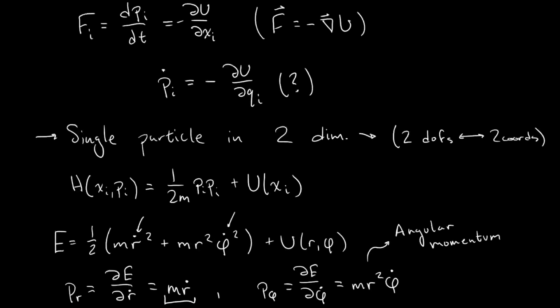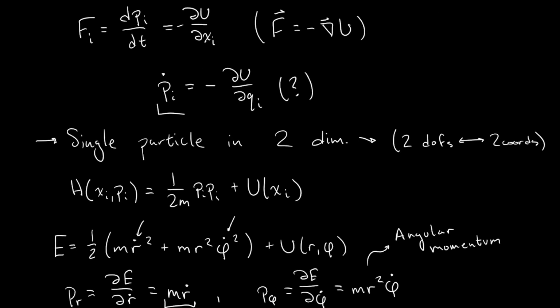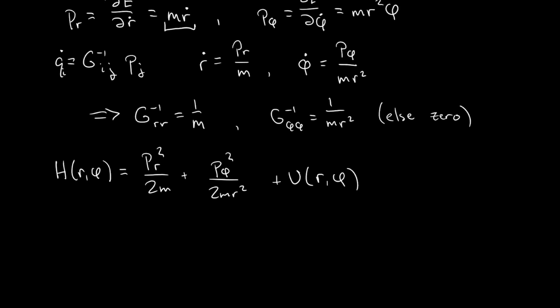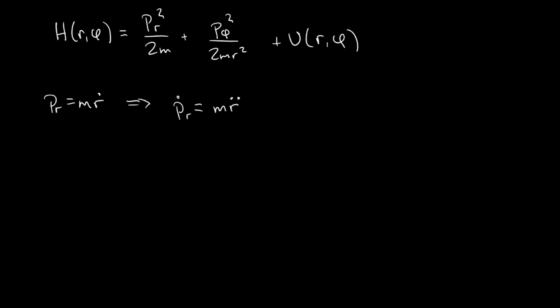If I were to just look at this naively, well, I just found that p sub r is equal to m r dot, correct? So the time derivative of p r is just going to be proportional to the acceleration in the r direction, right?